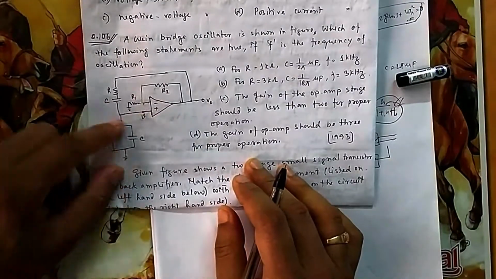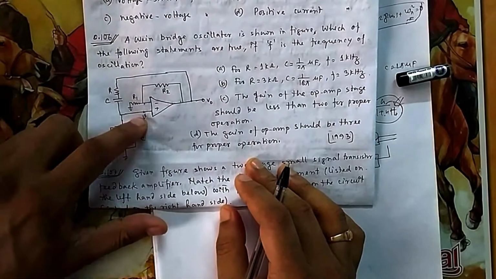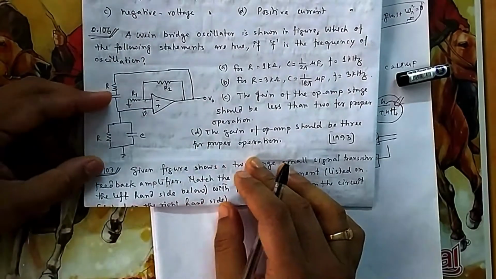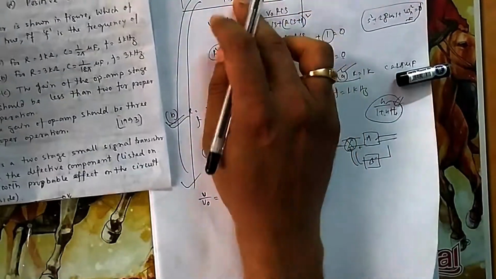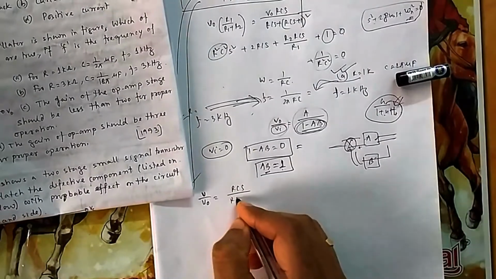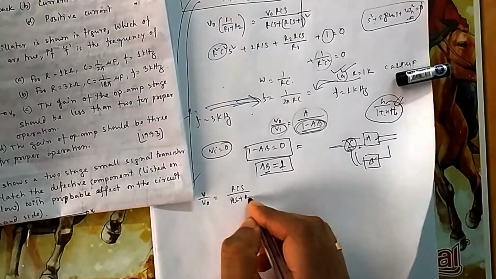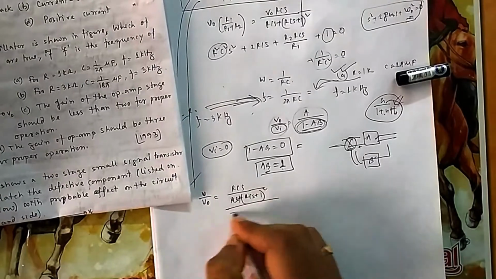How much this V, not this one, this V, because this is the positive feedback that we are giving. So okay, now if you see this one, this is the factor, you can see it will be RCS by (RCS plus 1) whole square plus RCS. So this is your feedback factor.